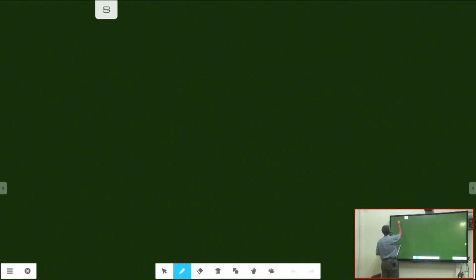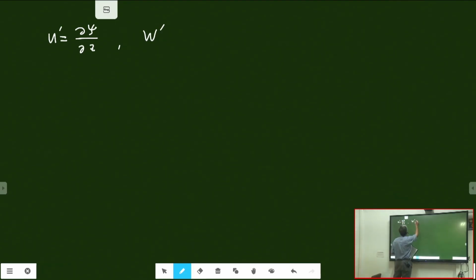We will say that U is still d psi by dz. So we have x and z directions, no y direction anymore. And for the perturbations, W will be equal to minus d psi by dx.